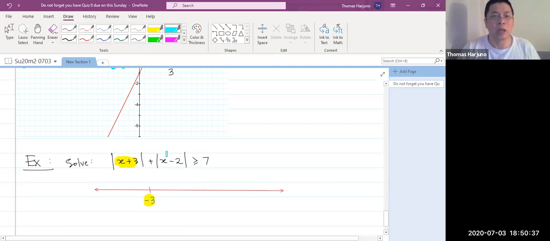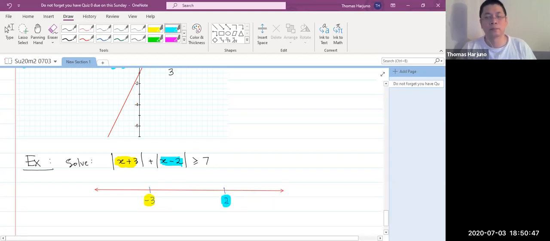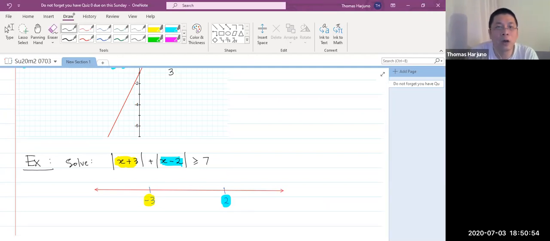The signs here, the plus and minus, change at 2. So you need to actually work it out in 3 cases. The first case is x greater than or equal to 2.